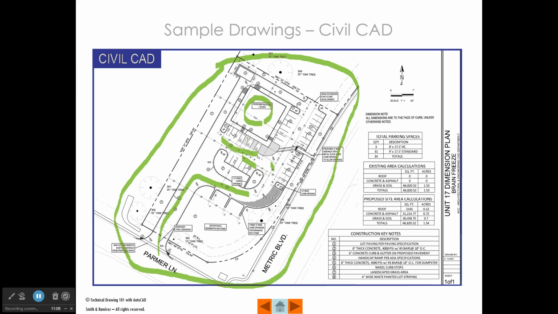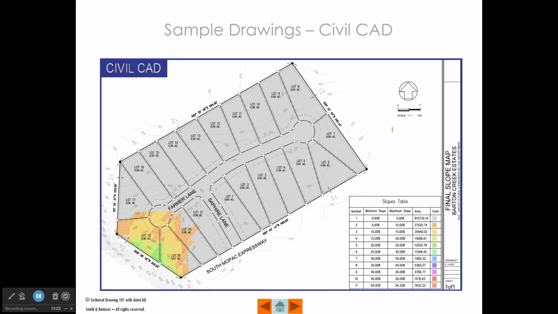And the other thing on this one, I think there's actually a detention pond on this, because the water that flows off of this is going to run downhill in this direction right here, and from there it will go into the storm sewer system. So here's a civil engineering drawing showing the lots for a subdivision.